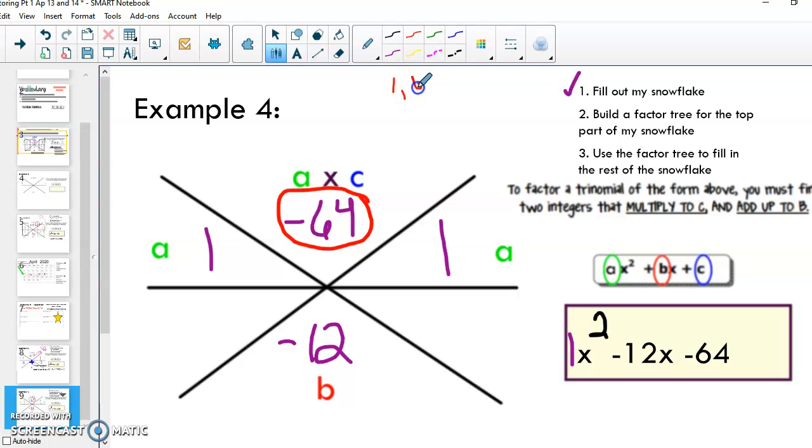So I know we have 1 and 64, 2 and 32 multiply to give me 64. 3 doesn't work, but I know that 4 and 16 will multiply. 5 doesn't work. I know that 8 times 8 is going to give me 64.